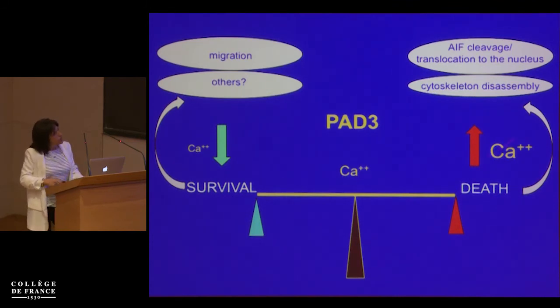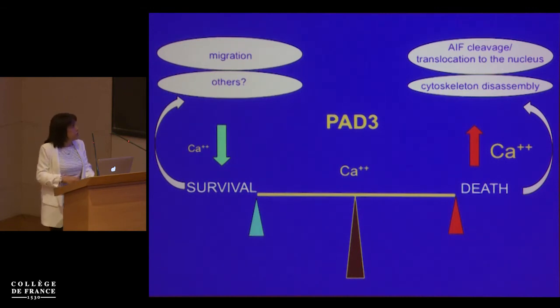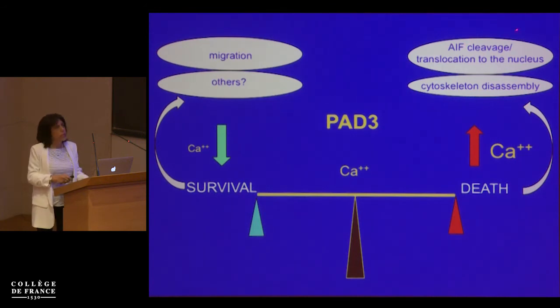So what we think, the working hypothesis here, is that calcium is a very important regulator both of development and of the regenerative response. So when we have a major injury, the level of calcium goes up very significantly, and that induces the activation of PAD that will result in the cleavage of AF, the translocation to the nucleus, and that results also in cytoskeleton disassembly.